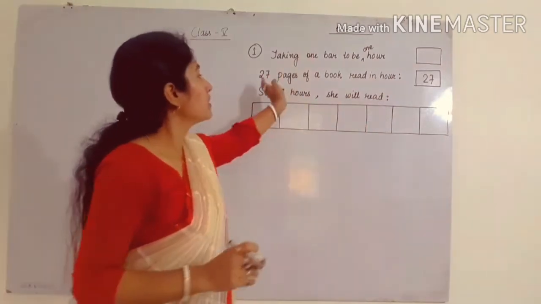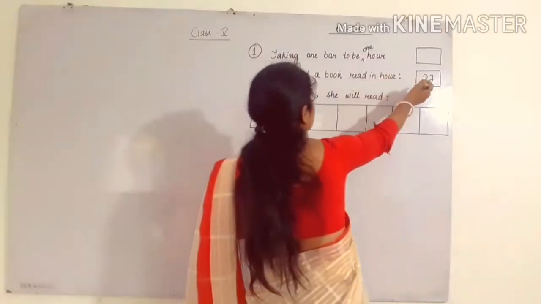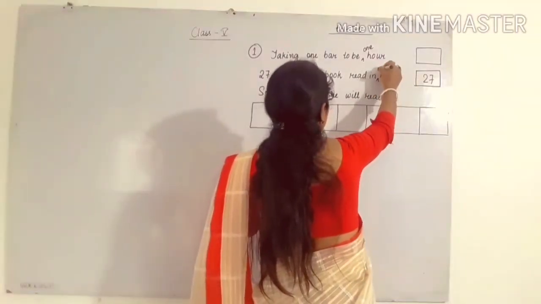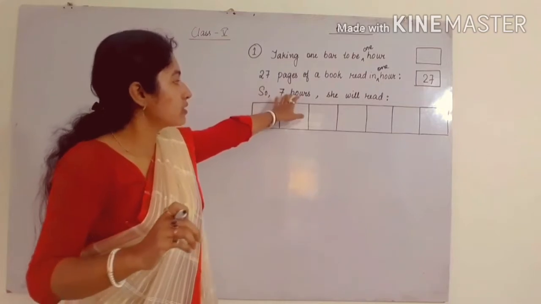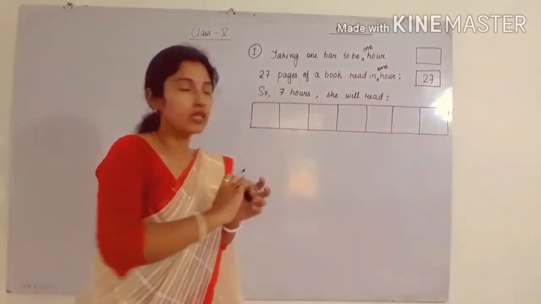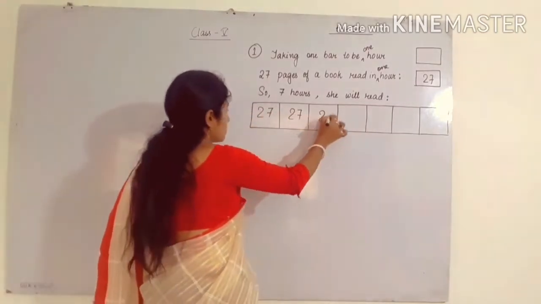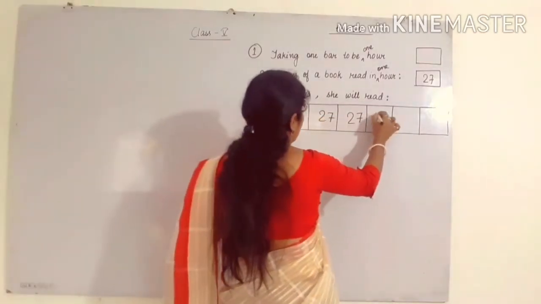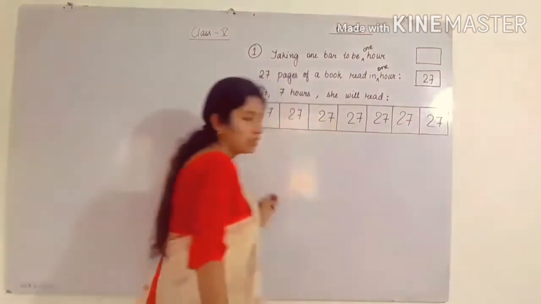So in 7 hours, how much will she read? We have to make 7 boxes. Like that we will make 7 boxes and we will write 27 in it.